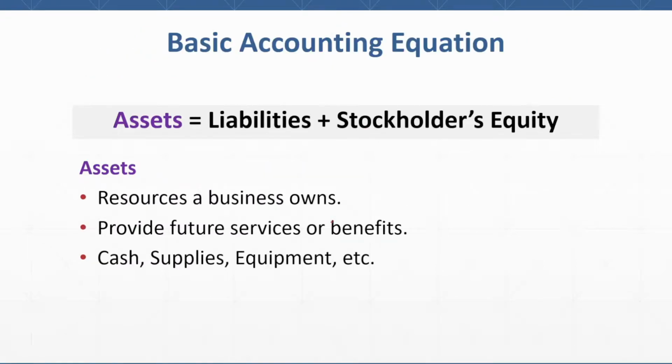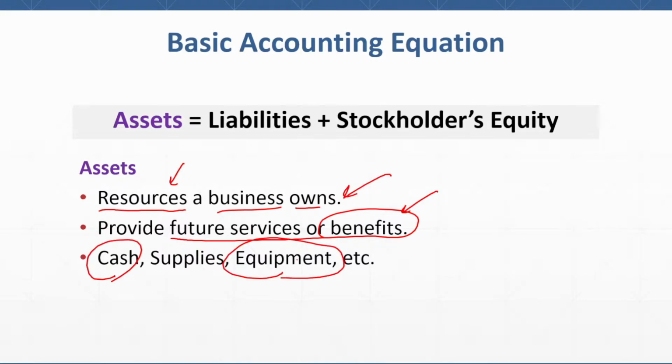Assets are everything that a company owns. They are resources that the company owns. Why do we call them resources? Because we can use our assets to make money, to provide future benefits. So there should be two conditions together. Examples are cash, equipment, computers, projectors, printers.